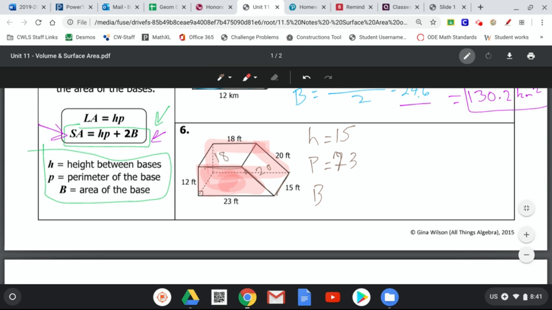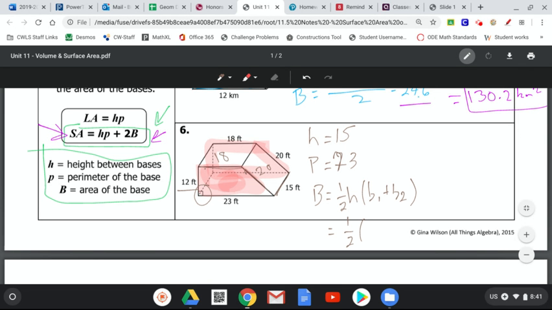All right, and then the last thing is the area of the base. So that is going to be 1/2 height times base 1 plus base 2, because that's the area of a trapezoid. So when we're finding that out, it's going to be 1/2, and then the height, since we have a right angle down here, that tells us that our height is going to be 12.